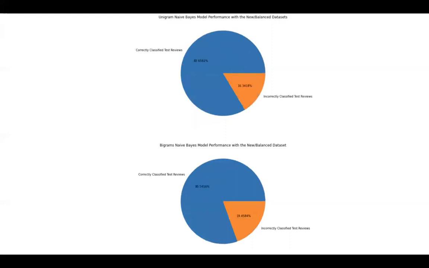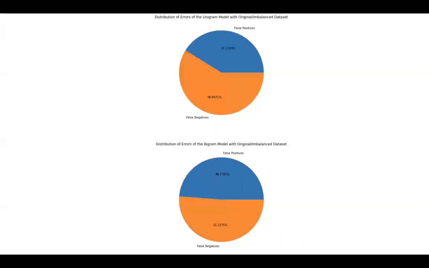And so based on the errors, I wanted to see what type of errors they are. They're either false positives or false negatives. A false positive is when something is in actuality negative, but it's calculated as a positive, and a false negative is vice versa.